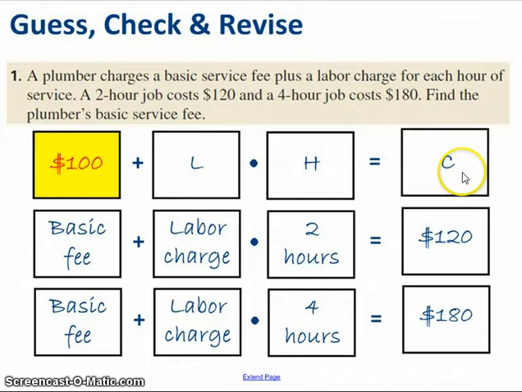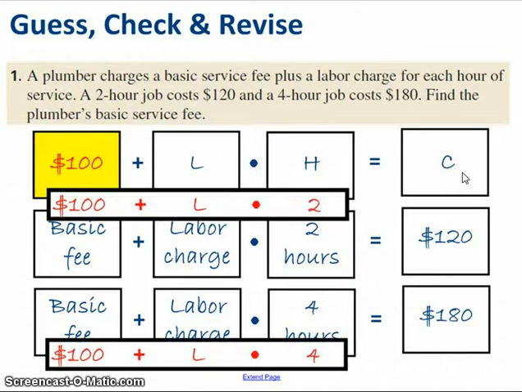And if you just plug in an amount, let's guess that it's $100, eventually you'll get to the right place. So let's put in $100 for this middle row here. That would be 100 plus L times 2 is equal to 120. And for the bottom row here, it will be 100 plus L times 4 equals 180.